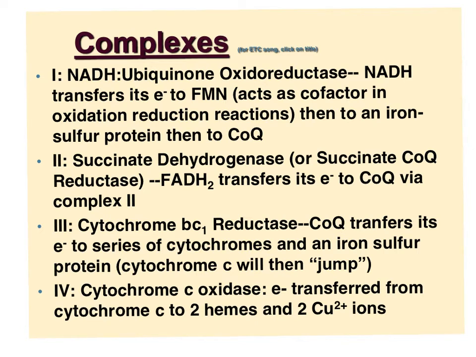So the first up is complex 1, which is also called NADH Ubiquinone Oxidoreductase. I should have put a box around this, because then you could probably guesstimate. If you want to just take a moment to think about the name, NADH Ubiquinone Oxidoreductase, what kind of reaction is it going to be doing?